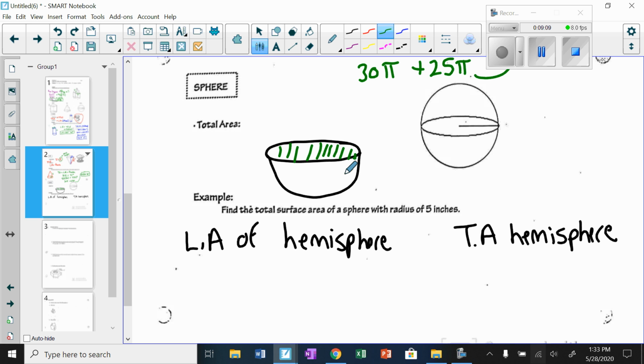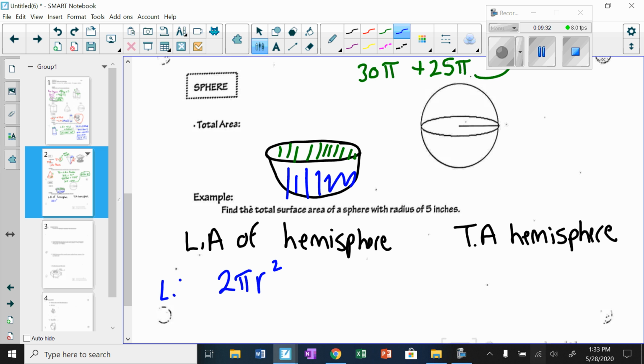So to find the lateral area of the hemisphere, it's going to be everything that's not the base. So the way we do that, it's going to be the total area divided by 2. Doesn't that make sense? Total area divided by 2. So that's going to be 2 pi r squared.